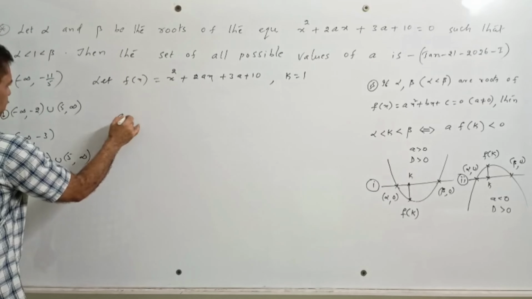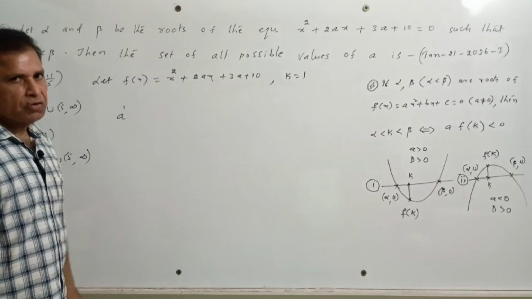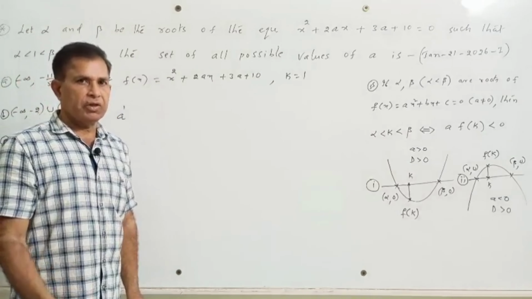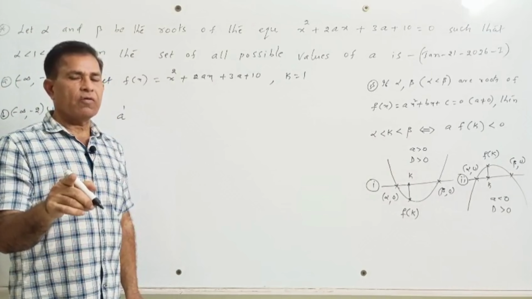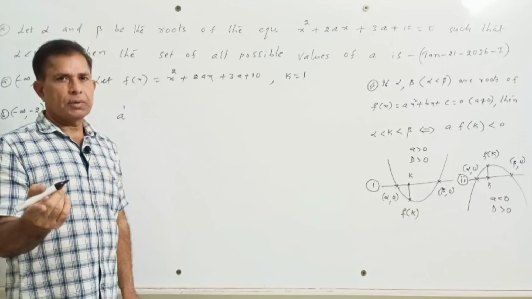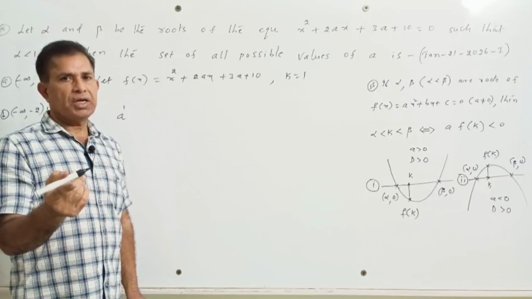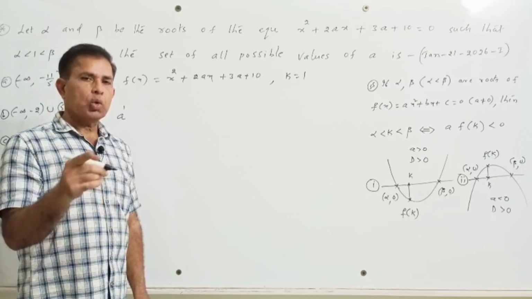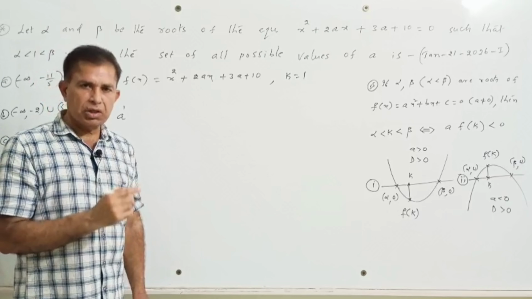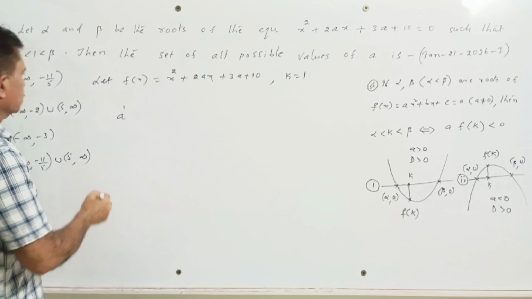So the condition for 1 to lie in between the roots, we have to say a into f of k less than 0. Instead of writing a, I am writing a dash, which represents the coefficient of x square in the quadratic expression.